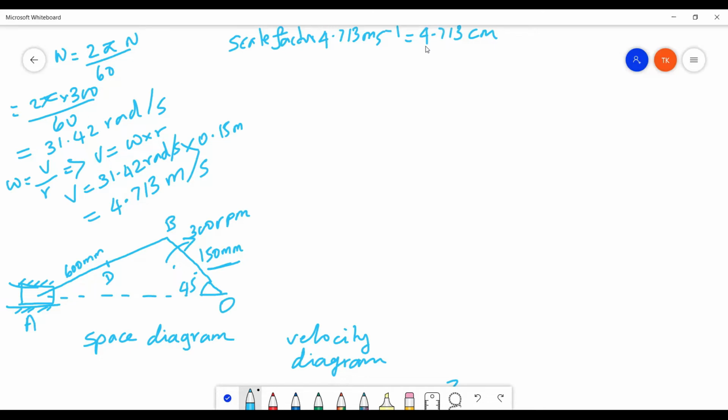Then I will go for the velocity diagram, right? So you know, velocity is always perpendicular to the movement of the link. I will mark it in a different way, okay. Perpendicular to this, okay. And the velocity of this slider is always going to be in this direction, because it is moving this way and this way.